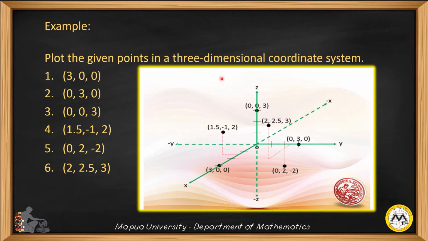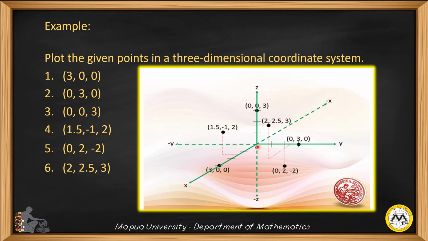So we have the coordinate axes. This is the x-axis, the y-axis, and the z-axis. Again, this is the direction of positive x, positive y, and positive z. To plot the point (3, 0, 0), we start by interpreting this value 3, which is the x coordinate. It will tell you the distance of the point from the yz plane.